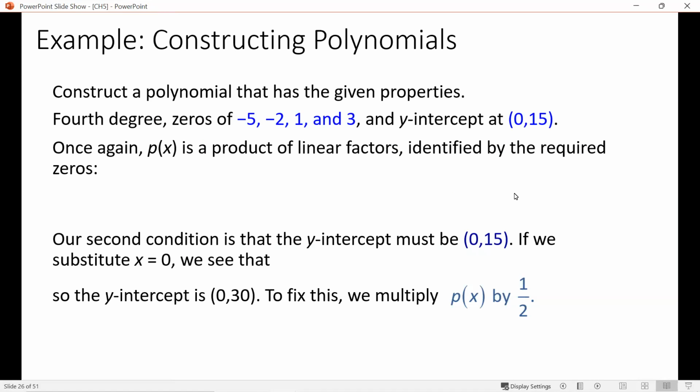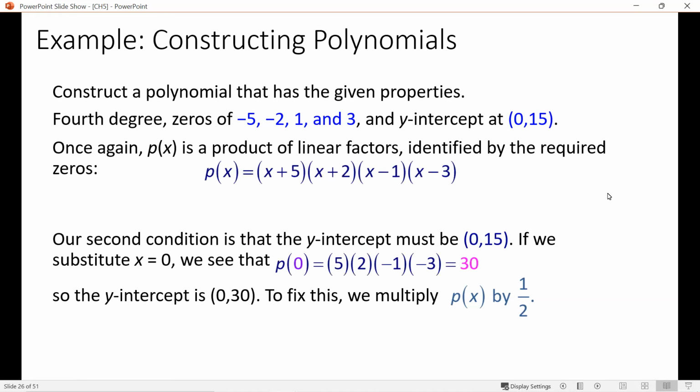Let's construct one more. Let's make a 4th degree polynomial with these 4 zeros and a y-intercept at (0, 15). So we've got our linear factors, which are easy to put in there. We've got 4 linear factors, so we've got our zeros, but we want the y-intercept to be at (0, 15).